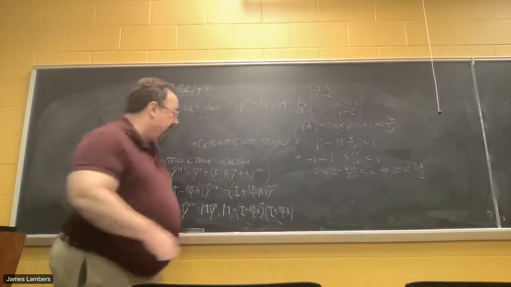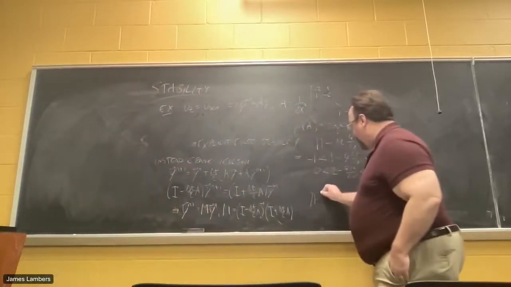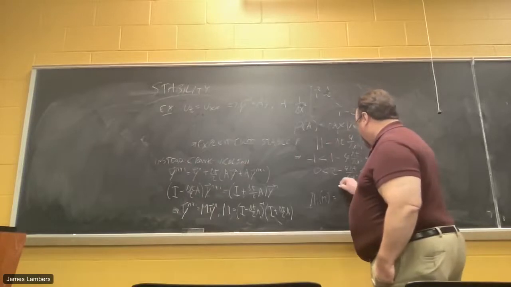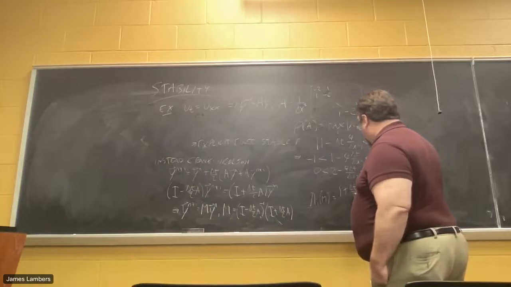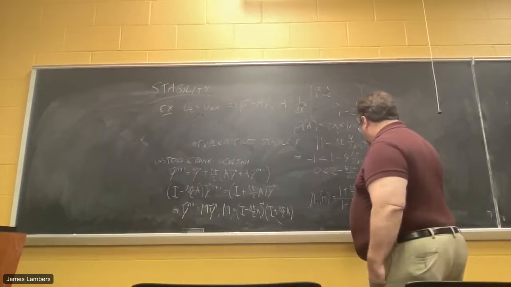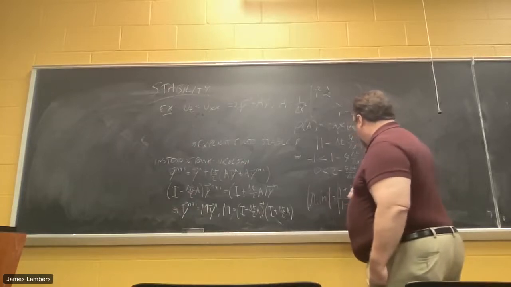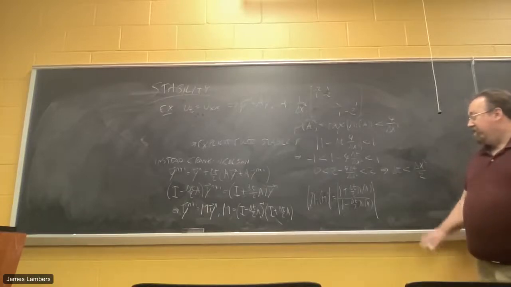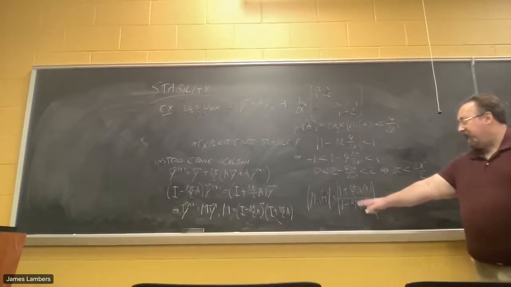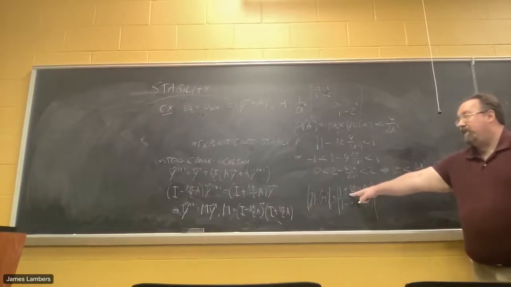So then the eigenvalues of M are 1 plus delta t over 2 times the eigenvalue of A, over 1 minus delta t over 2 times the eigenvalue of A. And because we're still assuming that the eigenvalues of A have a negative real part, the real part of this is guaranteed to be larger than the real part of this.